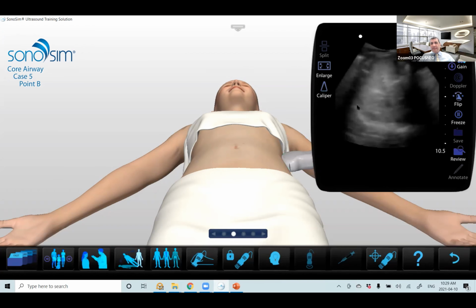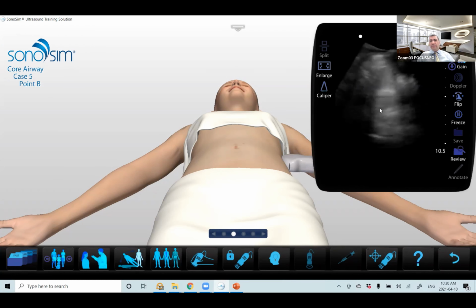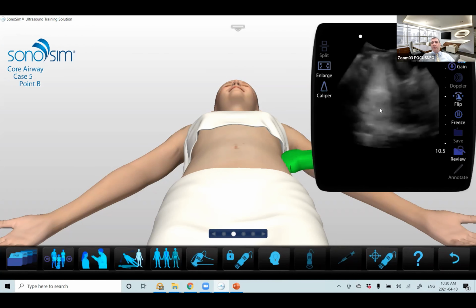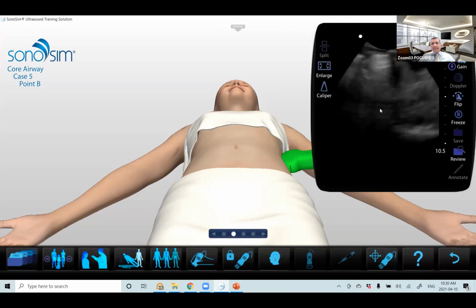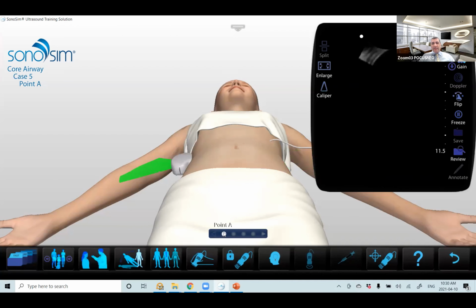So I can see the lung movement and the diaphragm moving just above the spleen, synchronized with the movement of the person who is bagging. So now I'm sure that the tube is in. That's the easy way to assess intubation after or during resuscitation.